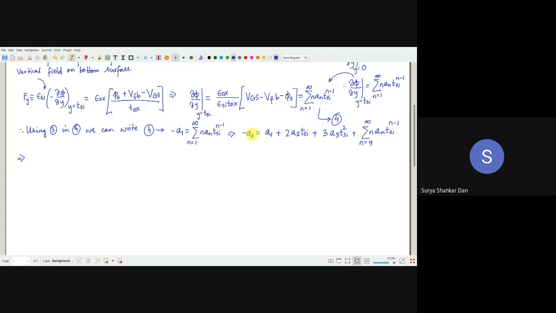I will simply put minus a1 on the right hand side. I'll take this minus a1 to the right hand side, so it becomes 0 is equal to 2 a1 plus 2 a2 tsi, plus 3 a3 tsi square plus summation n is equal to 4 to infinity.